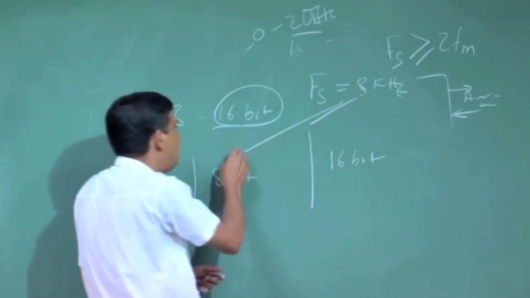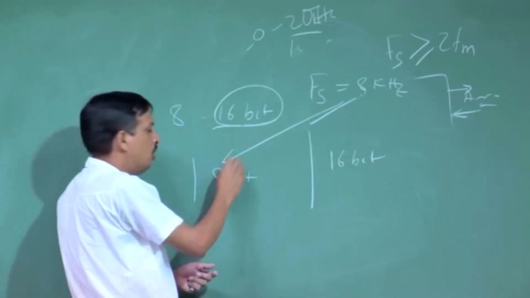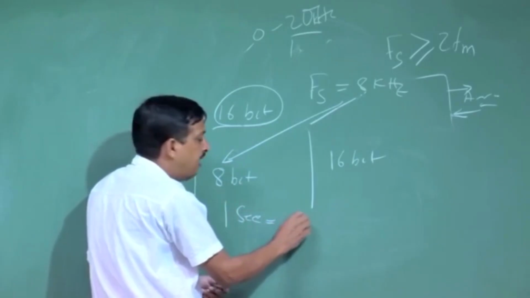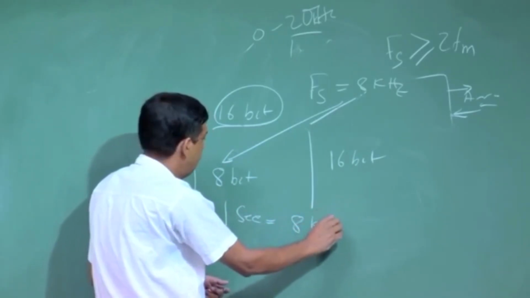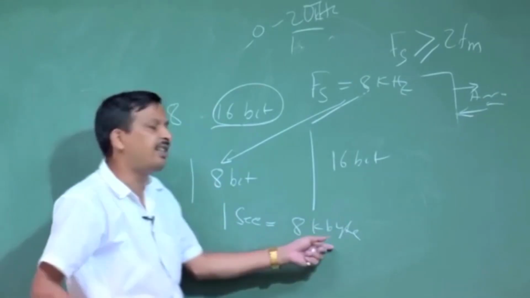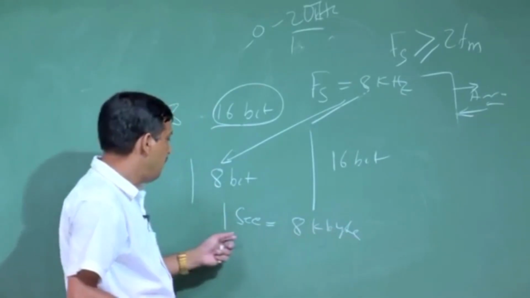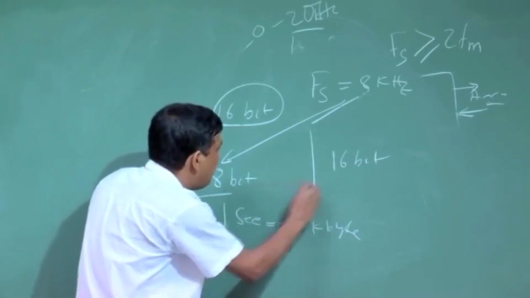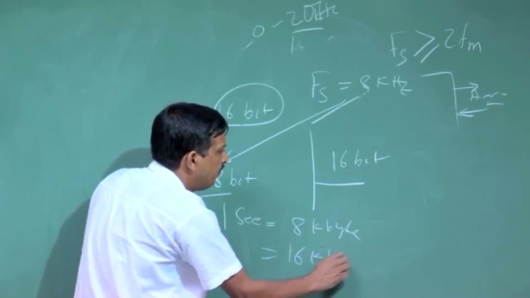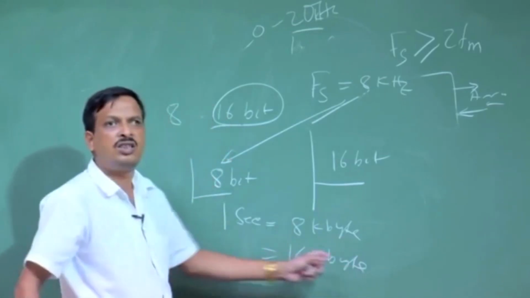If each sample is 8 bit, for 1 second of speech recording I will get 8 kilobytes. 8 bit is 1 byte, so 8 kilobytes. Similarly, if I quantize with 16 bit, it will be 16 kilobytes. 16 bit is 2 bytes, so 16 kilobytes.